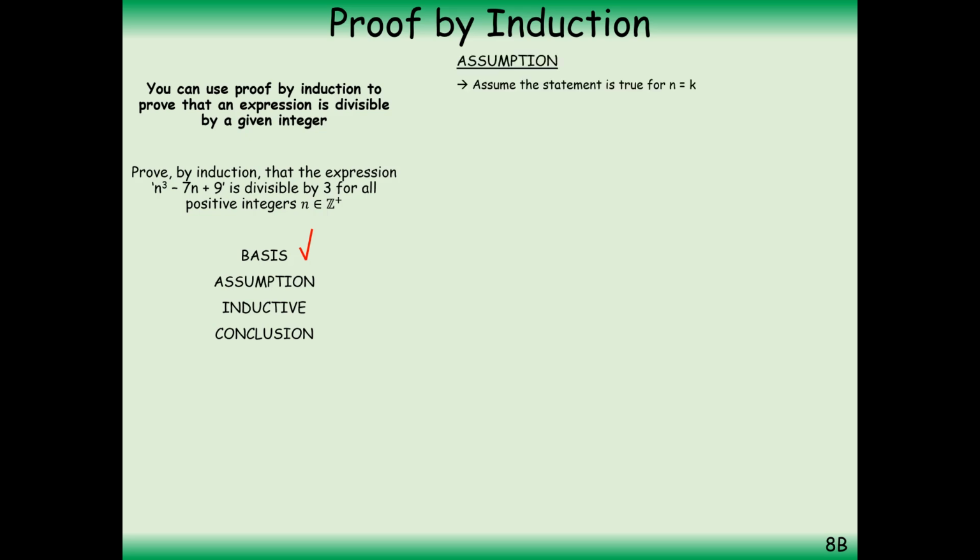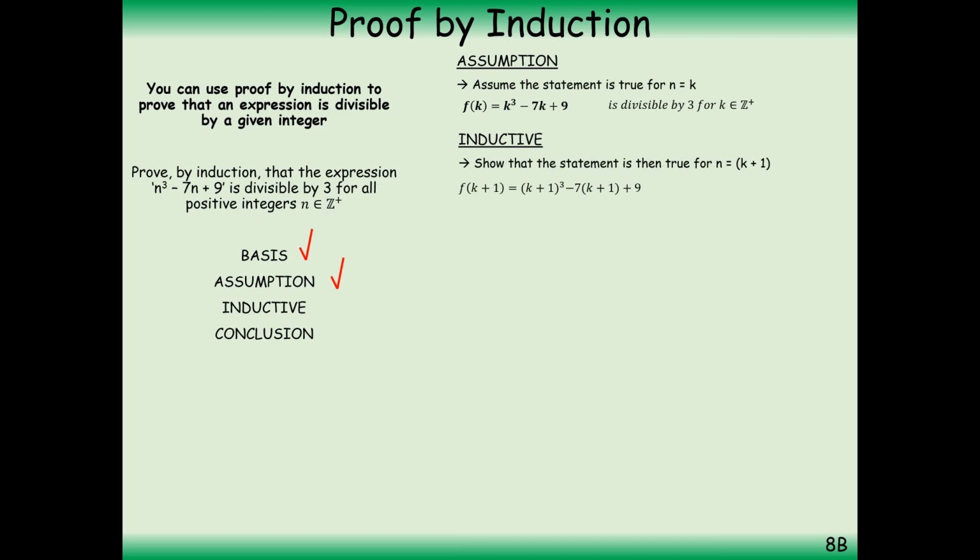We are assuming that when we substitute k into the formula, it should be divisible by 3, okay? And then we move on to our inductive step. When we substitute k plus 1 into the formula, we have to use our knowledge of binomial expansion here.